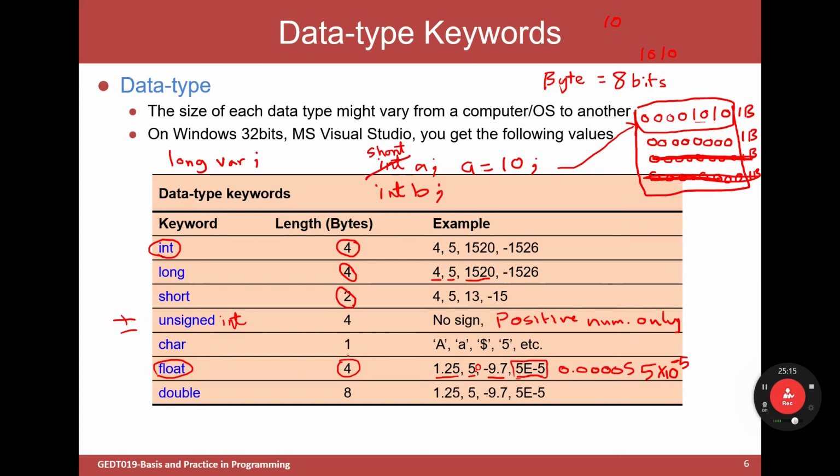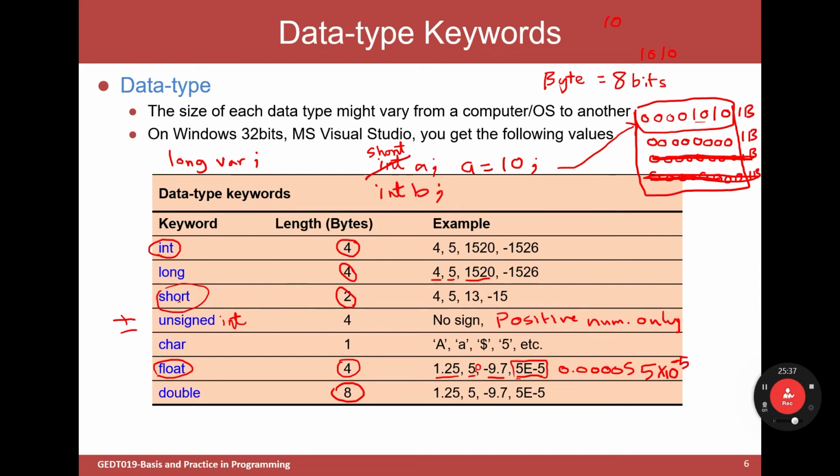So, okay, float is for small real numbers, if you have small real numbers, you can save them in float. If you have large real numbers, in this case you save them in double, because double is 8 bytes. So for integer numbers, you can save a small integer number inside short, okay?